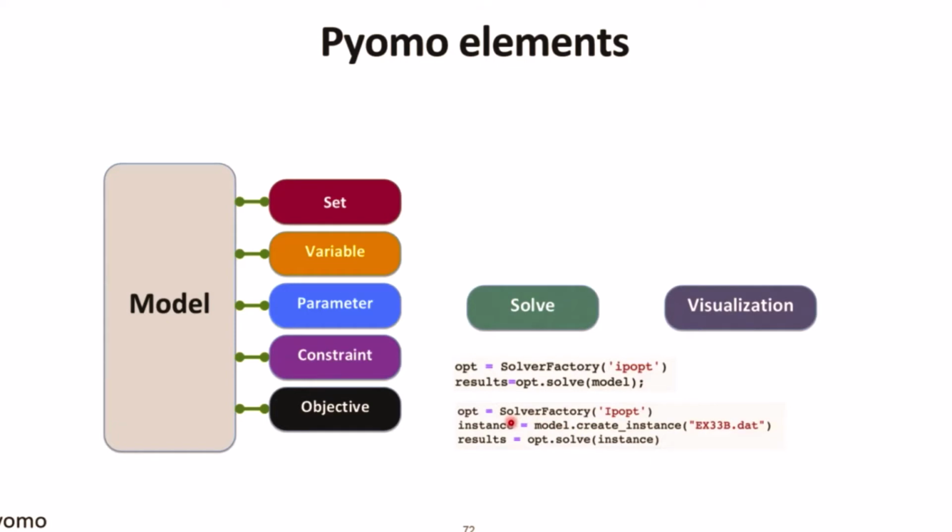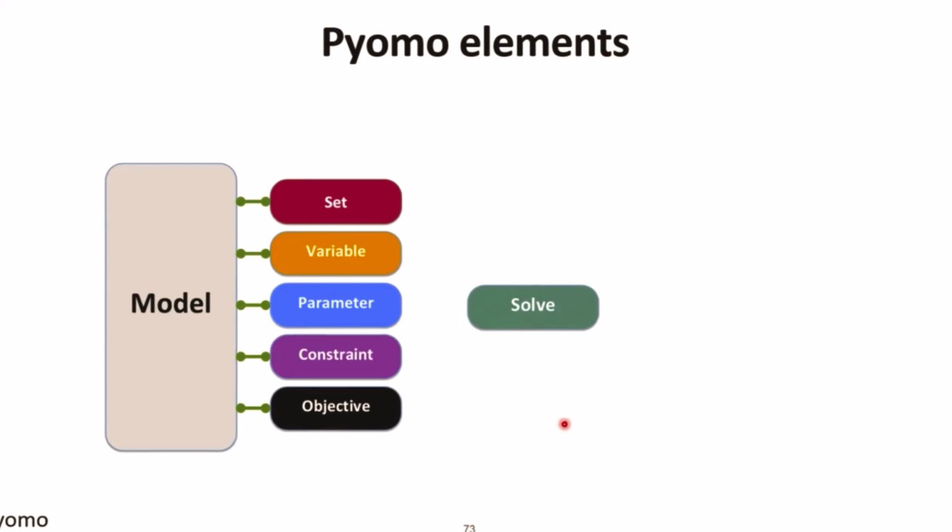It means a snapshot of the model with the given input data. So you can define a dat file and put those input parameters inside that file, and then ask Pyomo to solve it for you using the chosen solver.